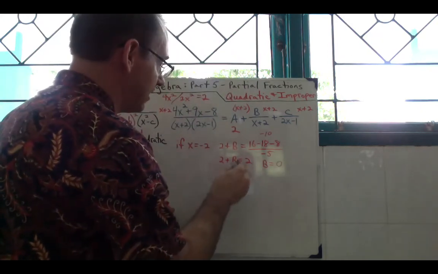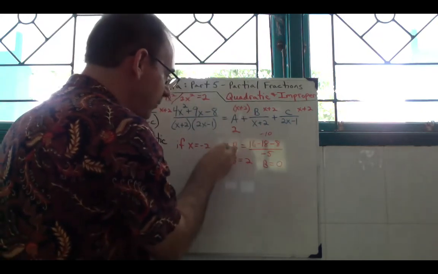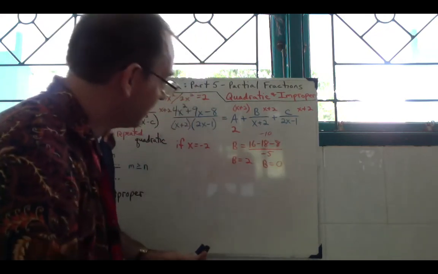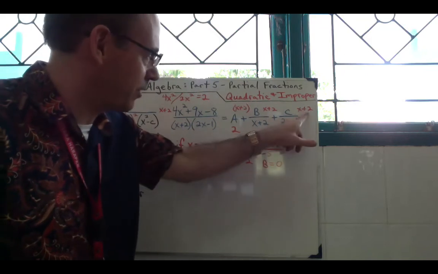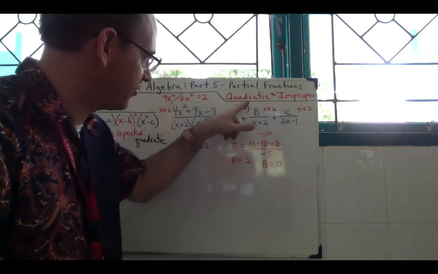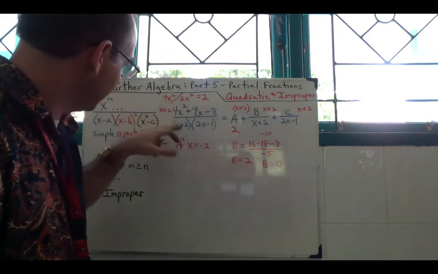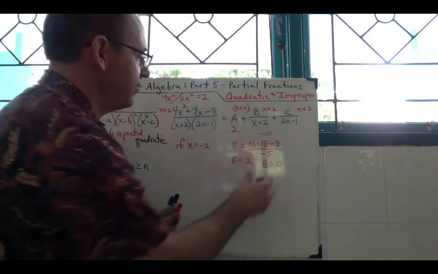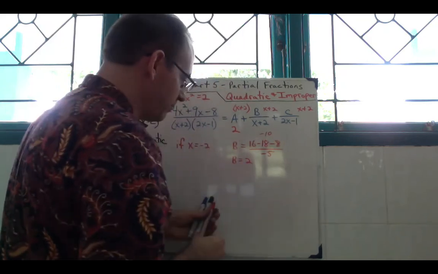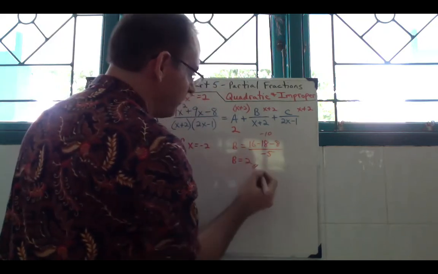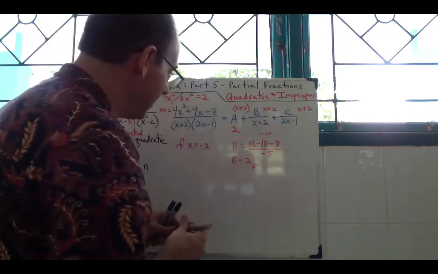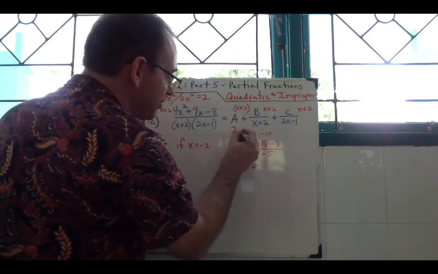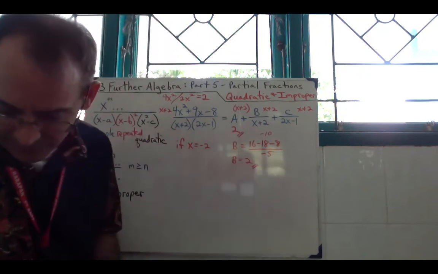So when you plug in, it cancels out the a. We don't have this 2 right here. That's my bad. I wasn't watching what I'm doing. Multiply by x plus 2 each term. So this becomes 0, that becomes 0. We have b here, and so we don't get b equals 0, we get b equals 2. Negative 10 divided by negative 5. So that's our b. A also is 2. That's correct. So we have 2 and we have 2.